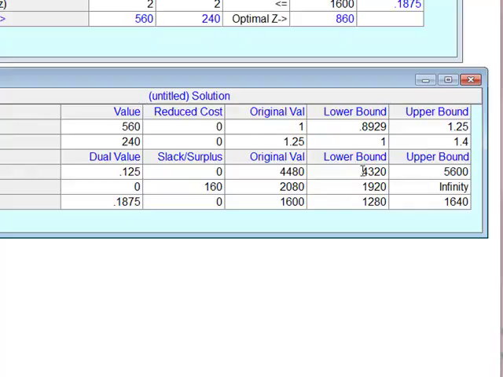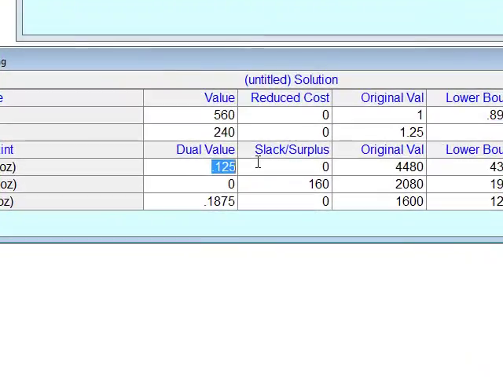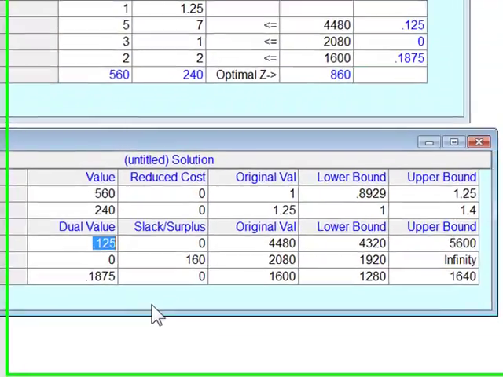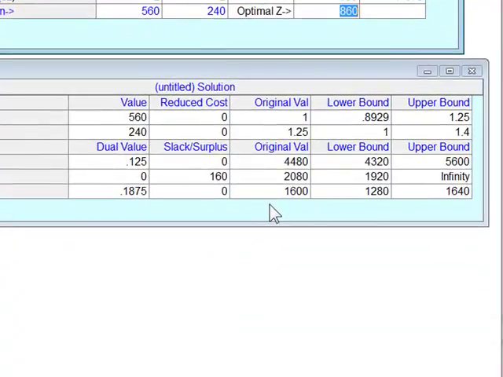So because I'm still within the range, and because for every additional ounce I make 12.5 cents extra in profit, therefore 300 times 12.5 cents would be the improvement to my profit. So I can add that to my $860 profit, and that'll be my increase in total profit if I have an additional 300 ounces.